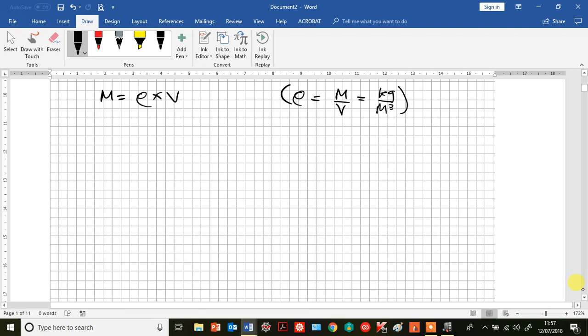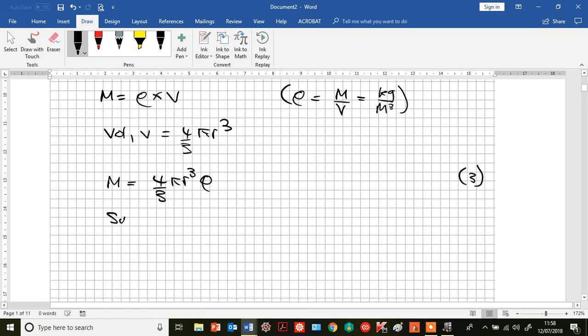Now we know the volume of a sphere: the volume v is equal to 4/3 pi r cubed. So our mass is equal to 4/3 pi r cubed rho. We'll call this equation 3.